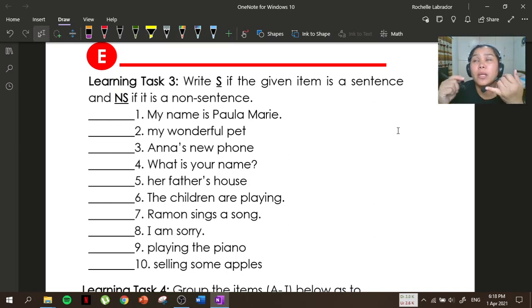And then ano pa yon? Ano pa yung makahanapin? If it has a subject and a predicate, then it is a sentence. And then another, if it starts with a big letter and ends with any punctuation marks such as period, question mark, and exclamation mark, then it is a sentence. However, if these three are not present, doon siya sa kabila, non-sentence.